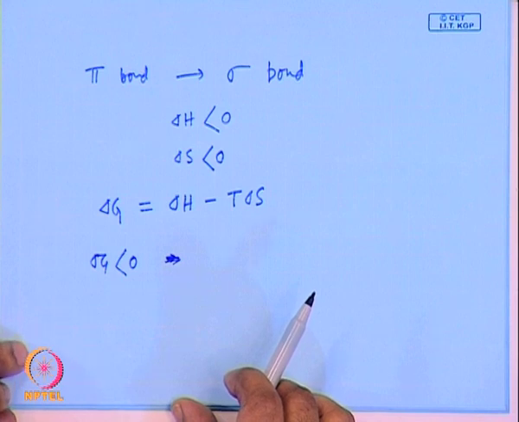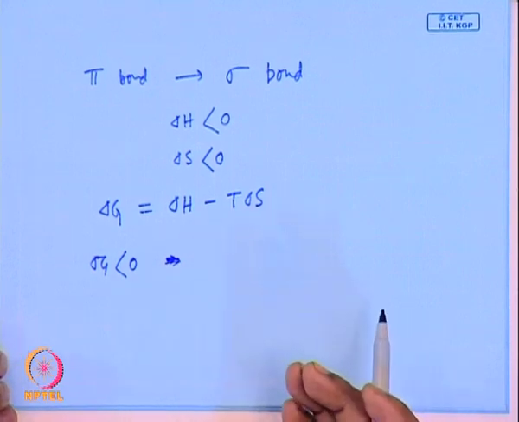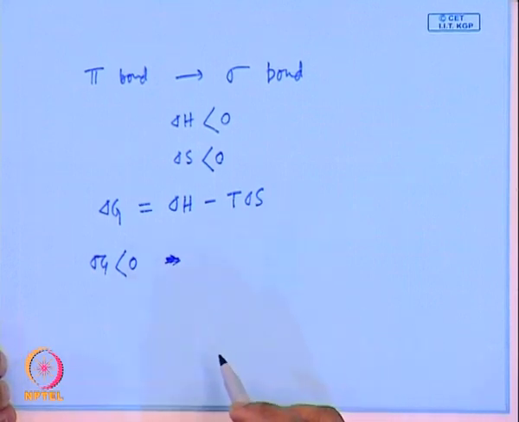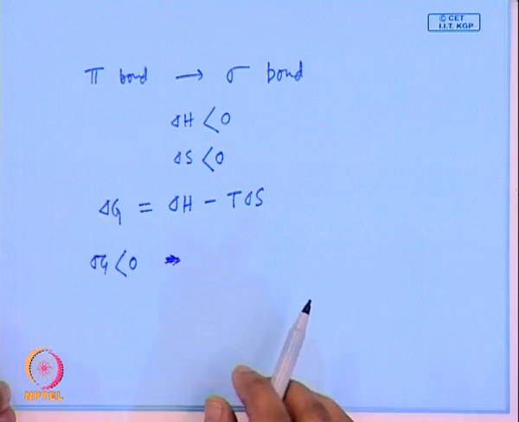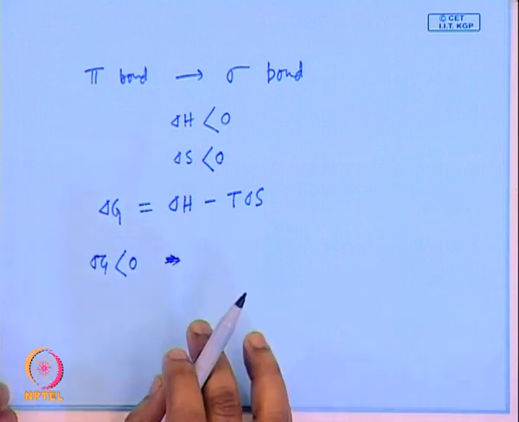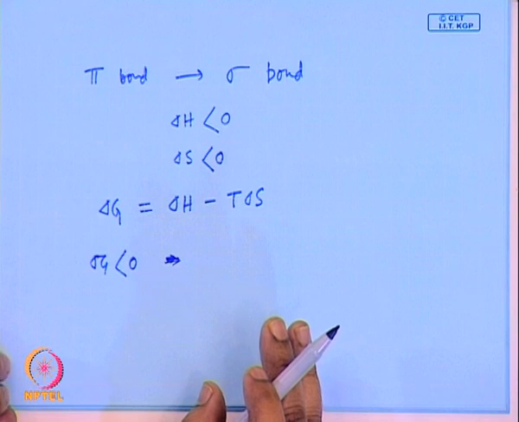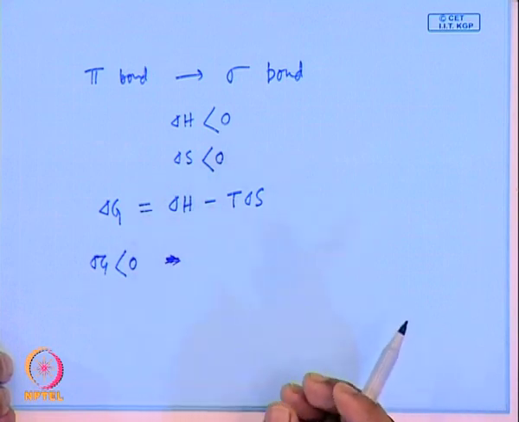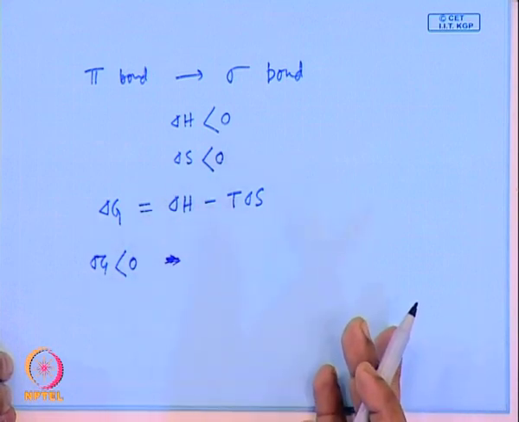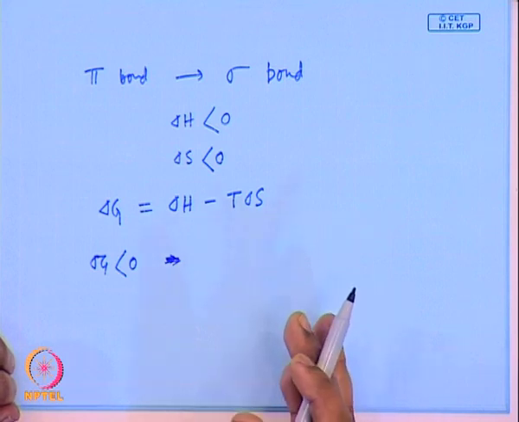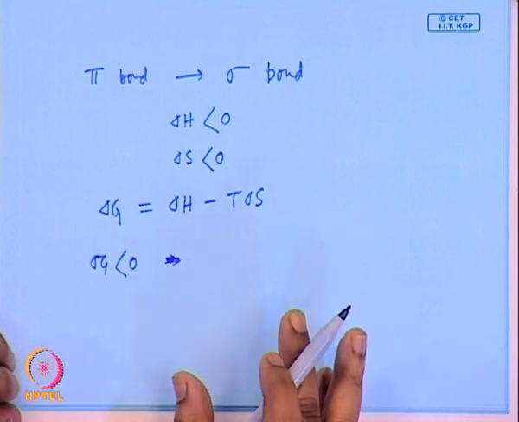But if you think about the kinetic factor, not every monomer containing a double bond can be polymerized with every type of initiator. That depends upon the structure.